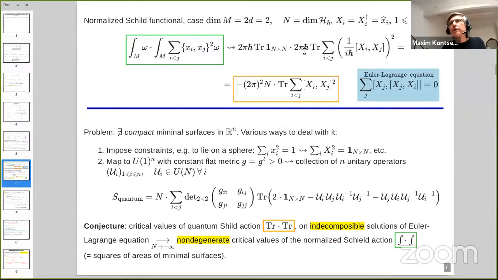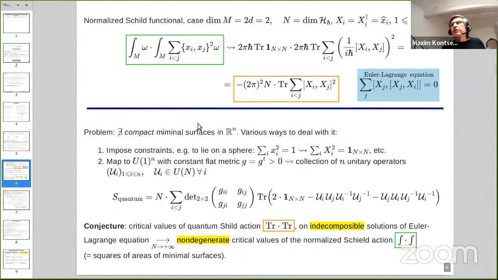If you look at what's going on, you multiply, you get h bar, and with my h bar in the denominator, h bar disappears, and you get 2 pi squared N times the trace of the sum of squares of commutators, taking a minus sign because it's still a positive number. So it will be an analog of the normalized Yang-Mills functional. We don't have to speak about h bar because it's normalized.